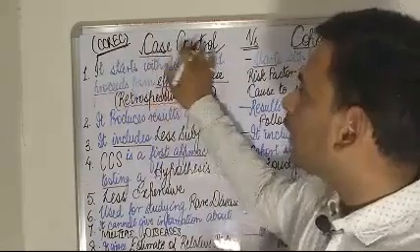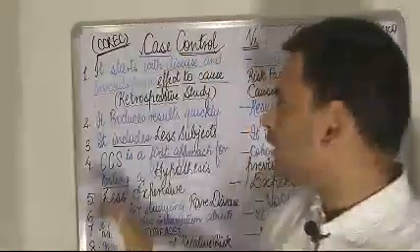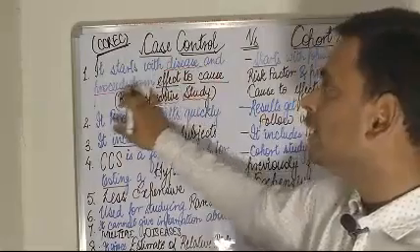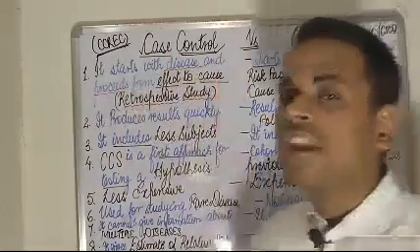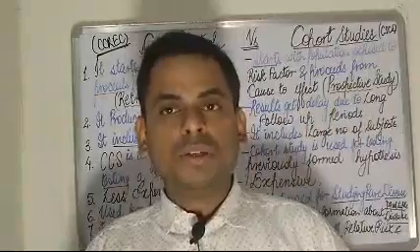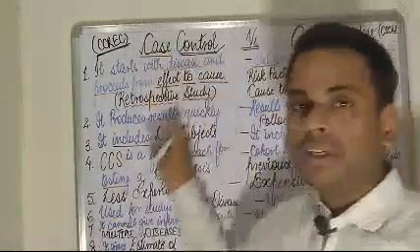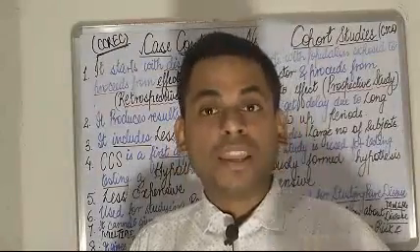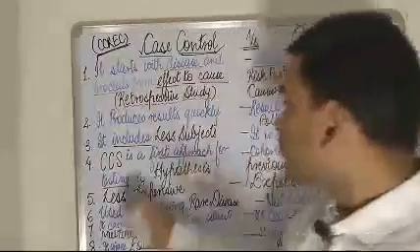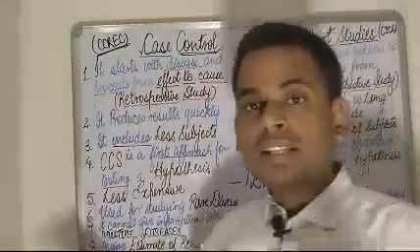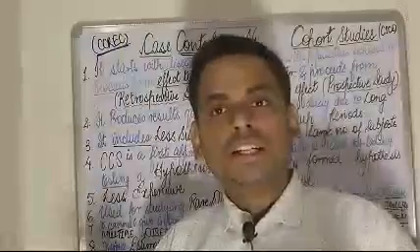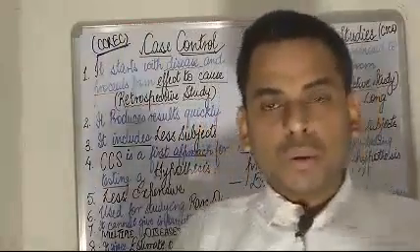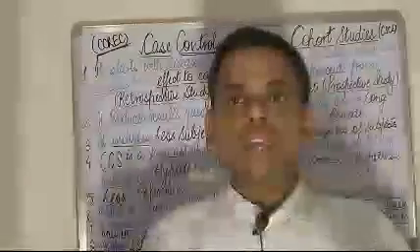So the first point: it starts with the disease and proceeds from effect to cause. Do remember, it is the case control study which proceeds from effect to the cause.